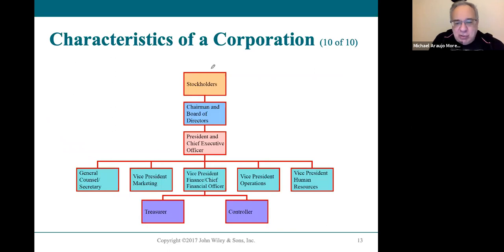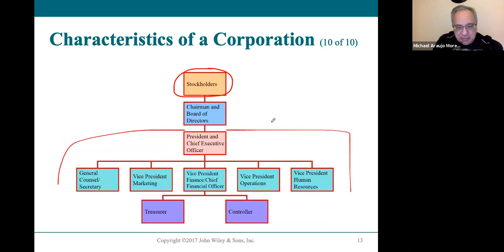Corporations are structured with the owners certainly on top. And as you see here is the management of the company. They are separate. So who represents the owners? Who hires the management? It's the board of directors. The stockholders vote for a board of directors of their corporation.